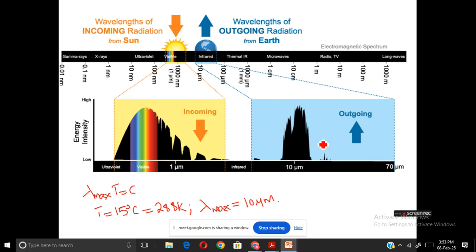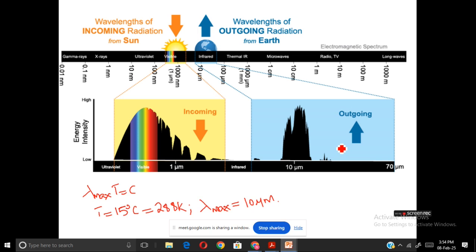So the outgoing terrestrial radiation is known as outgoing long wave radiation, whereas the incoming solar radiation is known as incoming short wave radiation, since this mostly falls in the short wavelength region of the spectrum, whereas the outgoing terrestrial radiation falls in the long wave region. So incoming short wave and outgoing long wave.